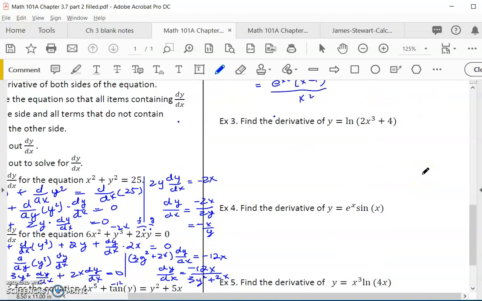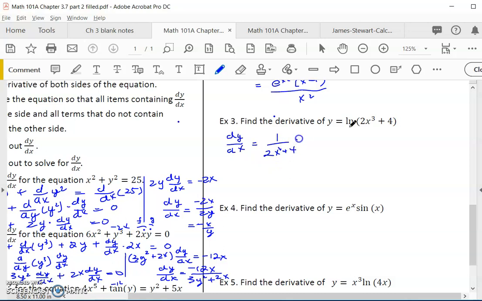The second is the derivative of y equals ln of (2x cubed plus 4). You can see clearly this is the inside, and we have ln, so chain rule, inside, outside. So what is the derivative of ln? It's 1 over whatever is inside.